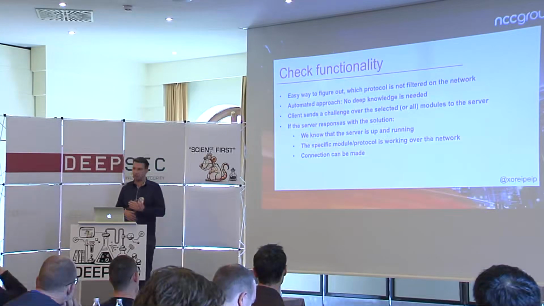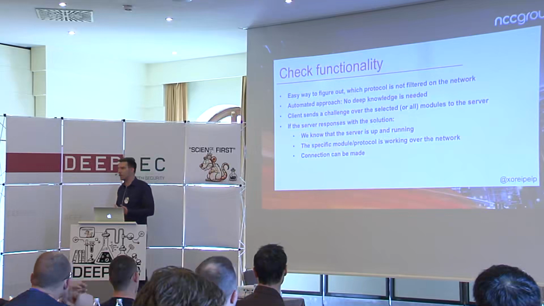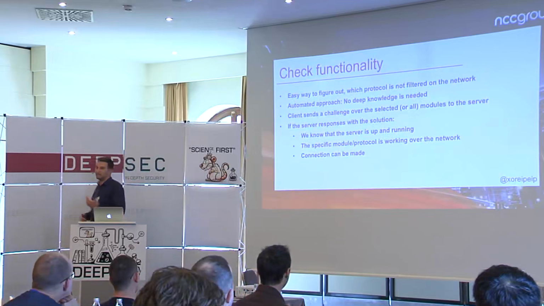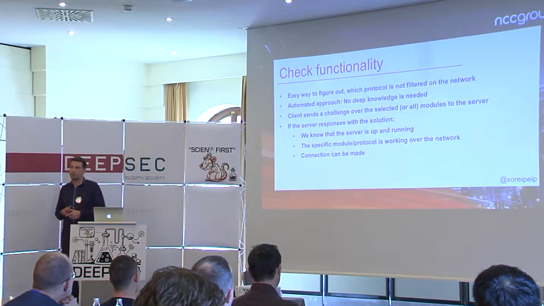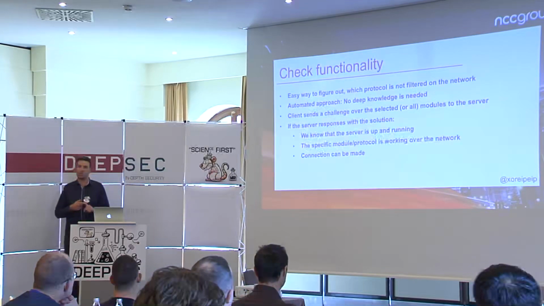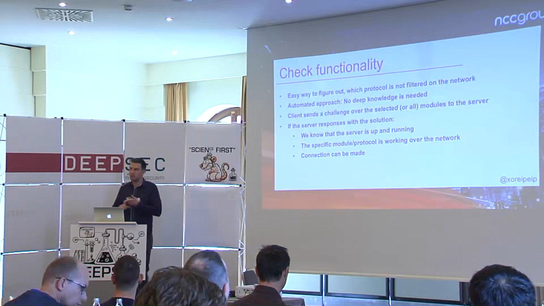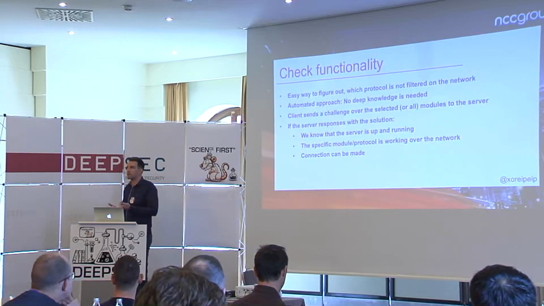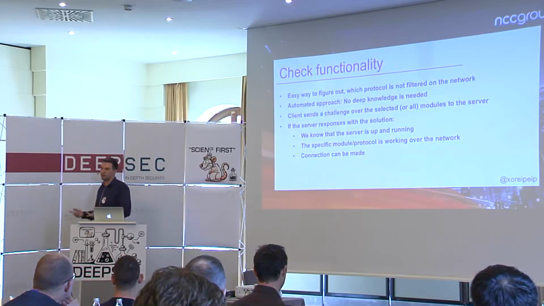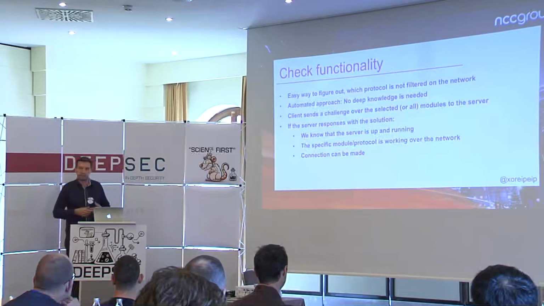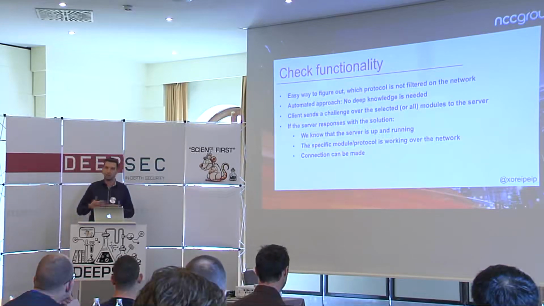If the server responds to the challenge with the right result, then you will know 2 things. First of all, there is an XFLTReaT server on the other side, and that the tunneling protocol that you are using at the moment will work. So probably you can build up a tunnel because there was an answer, so you managed to communicate with the server, right?